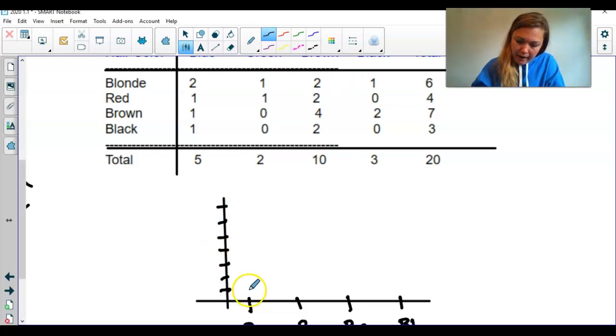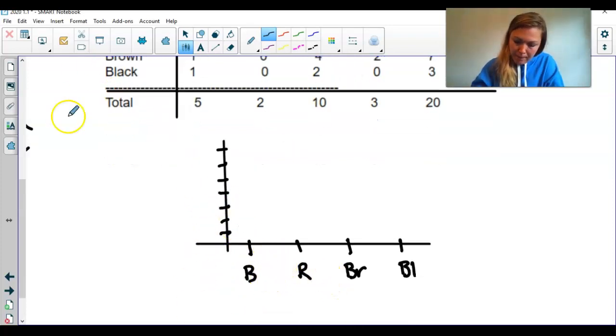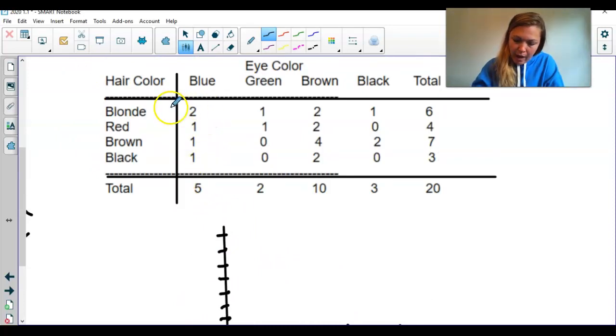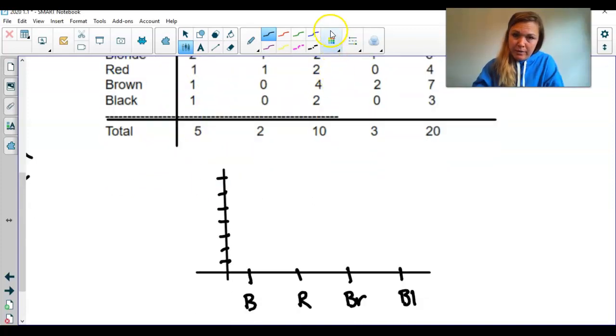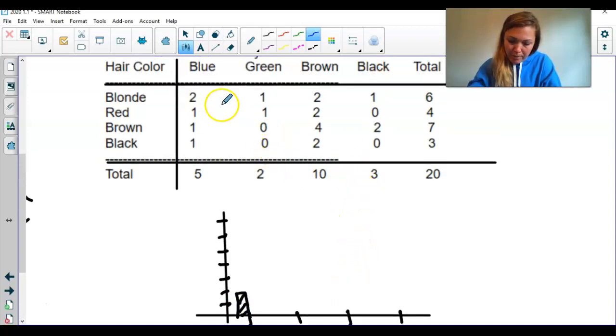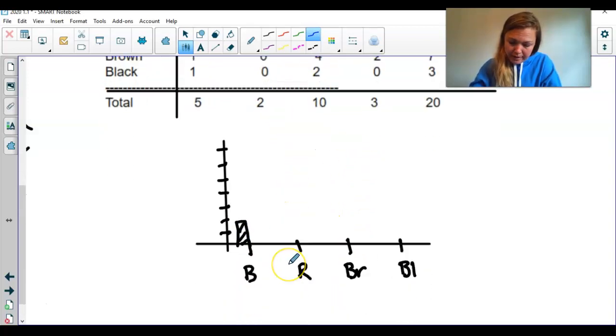And then, again, I'm looking at people with blonde hair right now. Out of the people with blonde hair, 2 of them had blue eyes, okay? So I'm going to make a little graph. 2 of them had blue eyes. Shoot, I wanted that to be blue. Oh well, doesn't matter, okay? Now, out of everyone with blonde hair, 1 of them had green eyes. So a side-by-side bar graph right next to it, touching it.